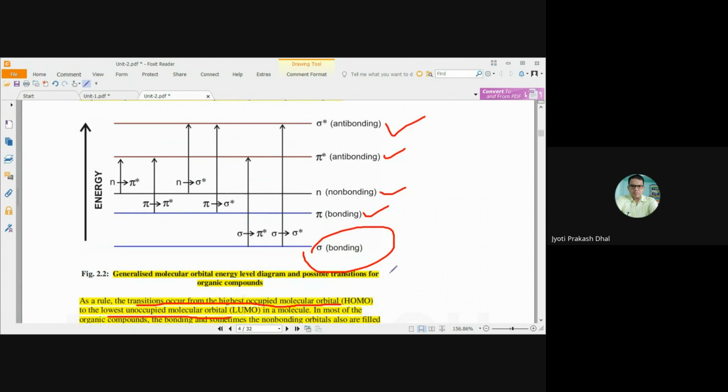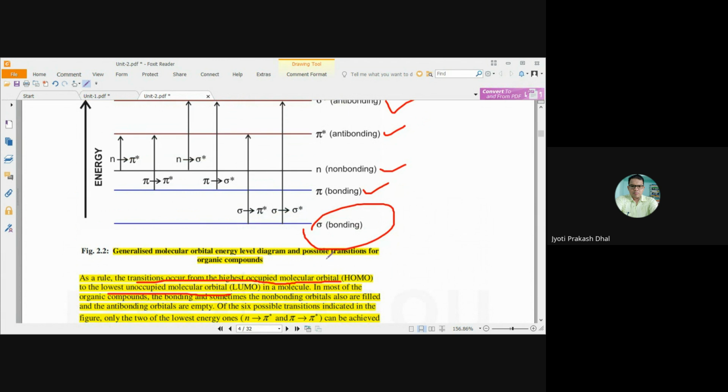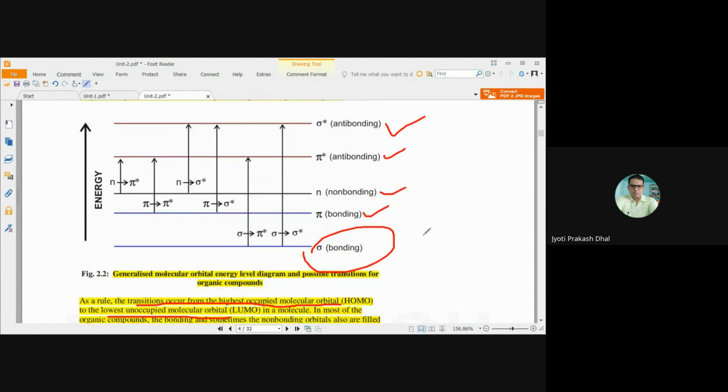You can observe that the electrons may be present in sigma bonding molecular orbital, pi bonding molecular orbital, or non-bonding molecular orbital. So the transition of electrons will take place from HOMO, that is from sigma, from pi, or from n, to pi star or sigma star.